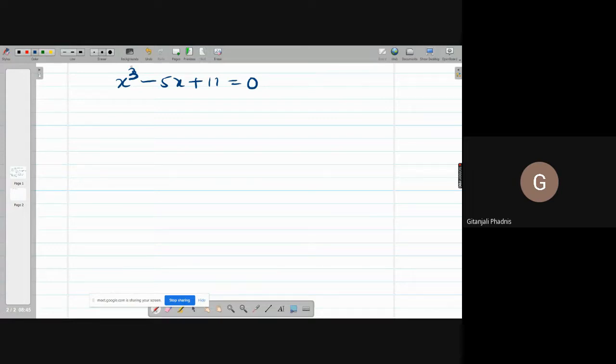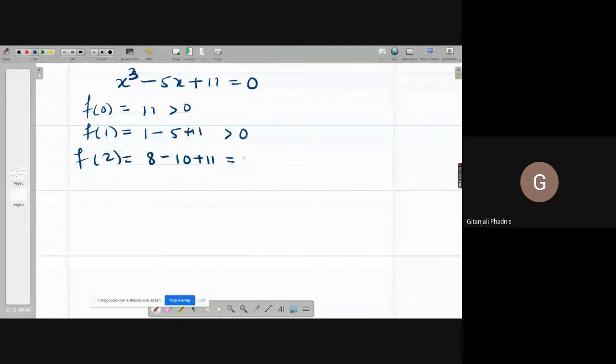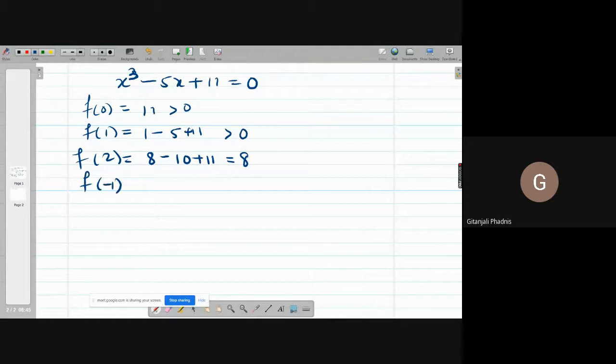So you choose some points randomly. f of 0 is positive. f of 1 is 1 minus 5 plus 11, so this is also positive. f of 2 is 8 minus 10 plus 11, so this is 9. f of minus 2 is minus 8 plus 10 plus 11, which is 13.